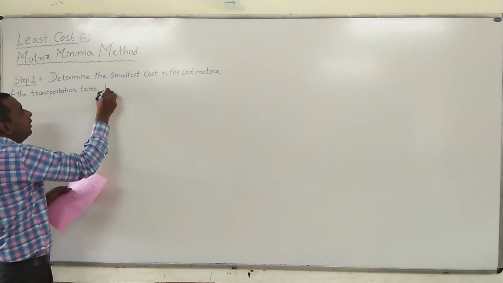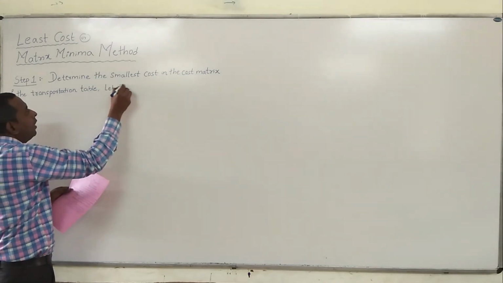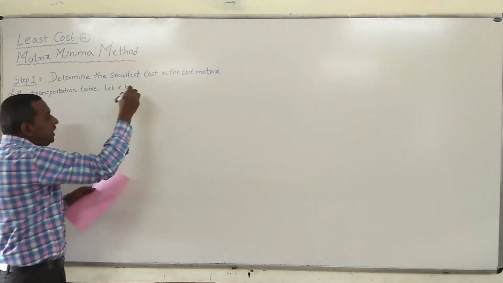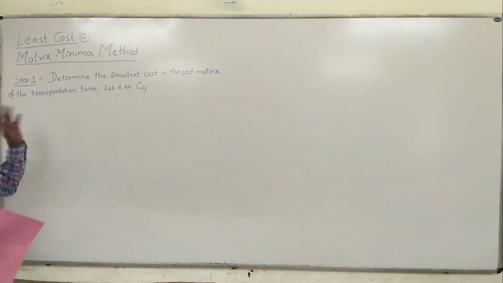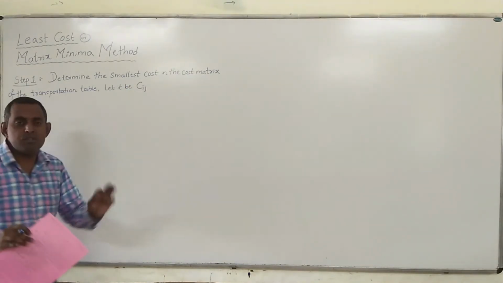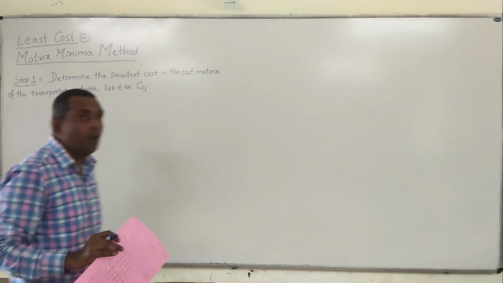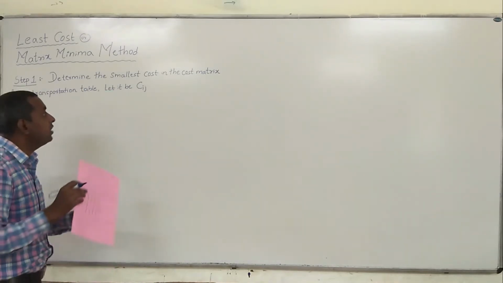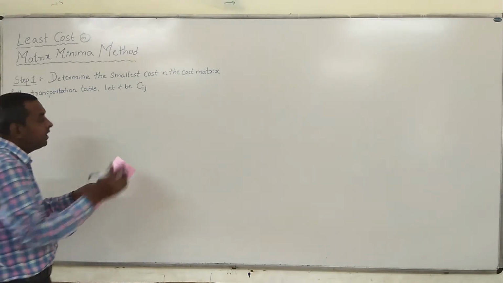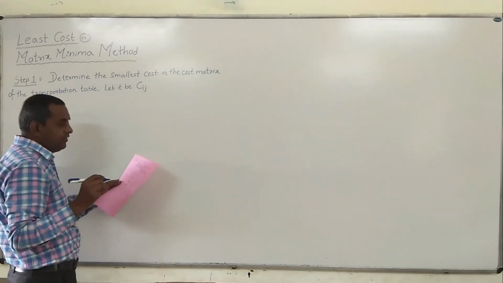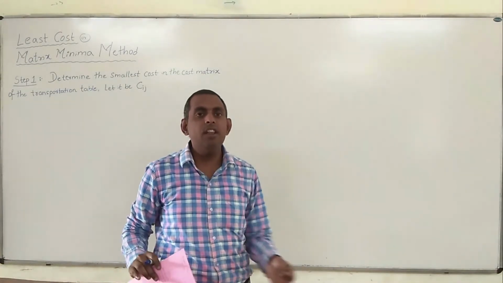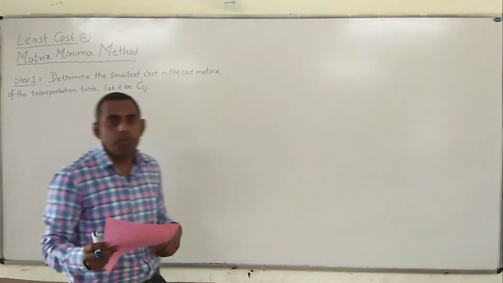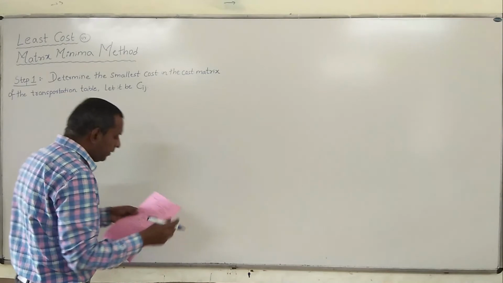Let it be Cij. What we have to determine is the smallest cost in the cost matrix of the transportation table. So Cij is the smallest cost in the cost matrix of the transportation table.